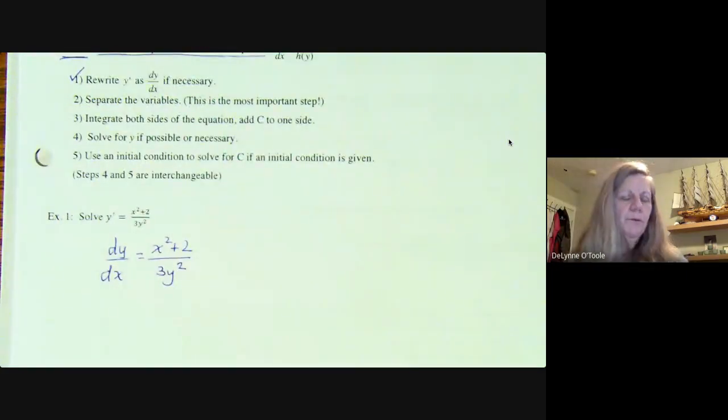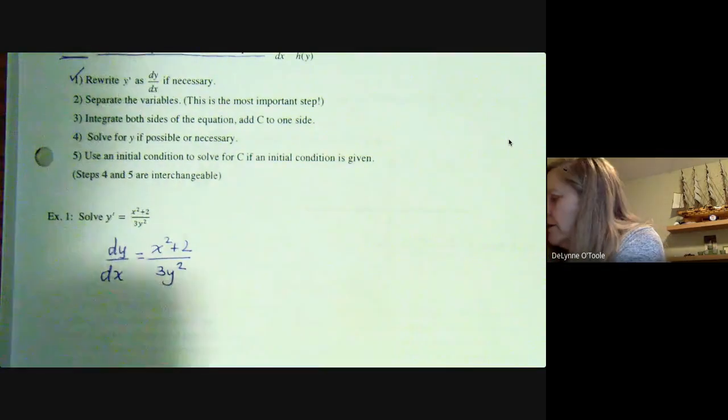Step 2 is the most important step. If you get this step wrong, everything will fall apart after here. So take this step slowly. Students often get a little like, oh, I'm good at this part, and they go quickly and don't separate it right. So slow down a little bit here. This part, separate the variables.